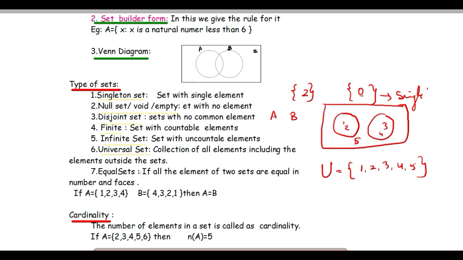Then equal sets. If all the elements of two sets are equal in number and phases, meaning the number of elements is the same and the elements themselves are also the same, then they are said to be equal sets.